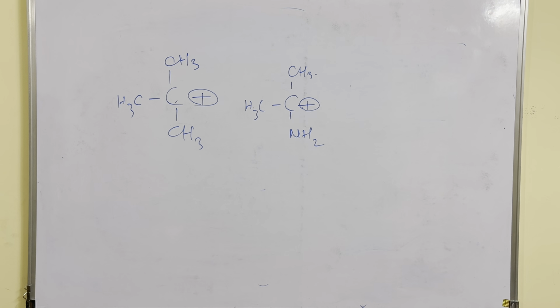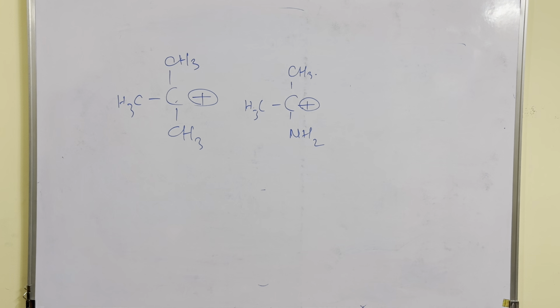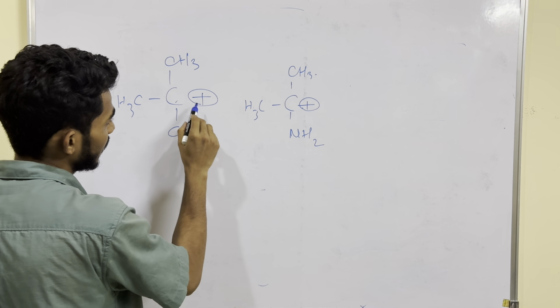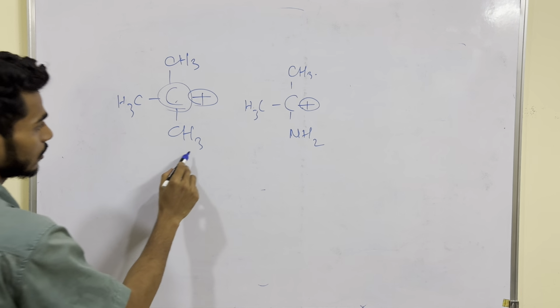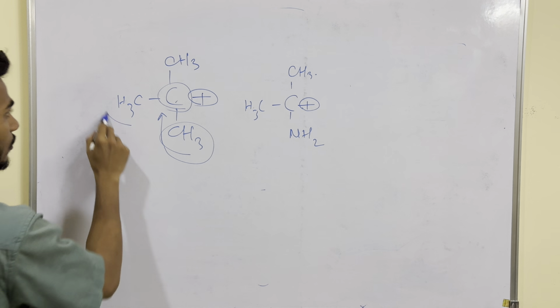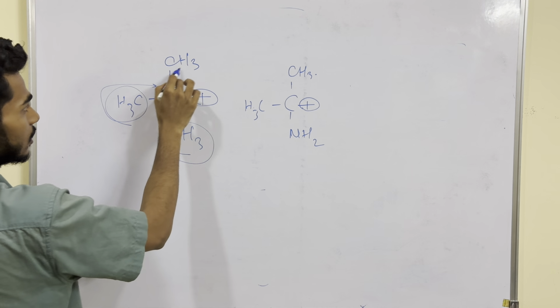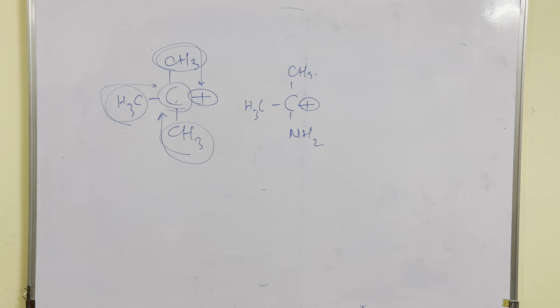Can you please tell me which one will be more stable? The one which is electron deficient in the central atom needs more electron. So this CH3 will show more electron density. This CH3 will also increase electron density. This CH3 will also increase more electron density on the carbocation.